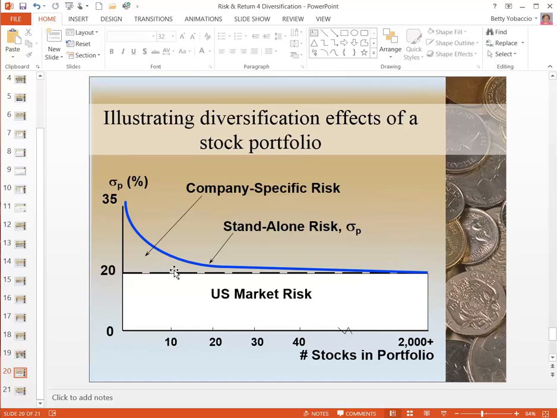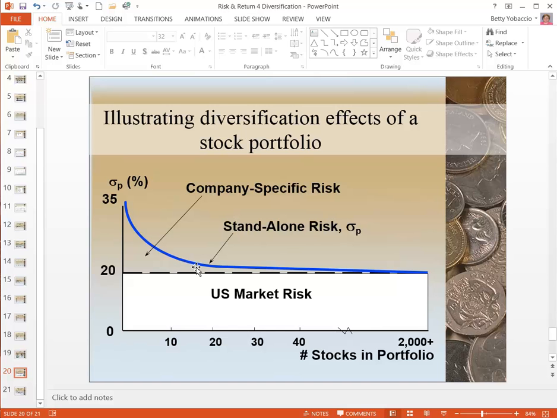Some stocks are going to get bad news, some good news. The positive impact on return of the companies that got good news offsets the negative impact to those companies that get bad news, and portfolio risk or standard deviation is reduced.